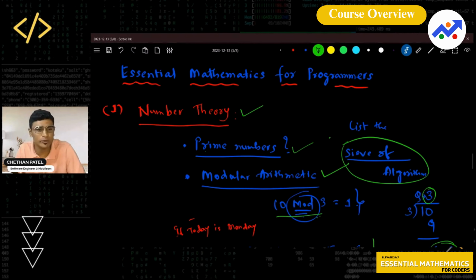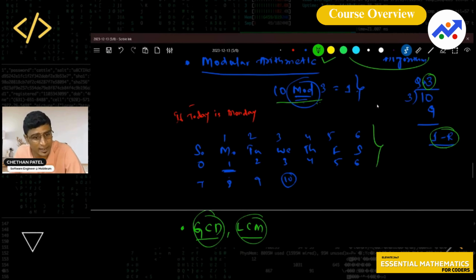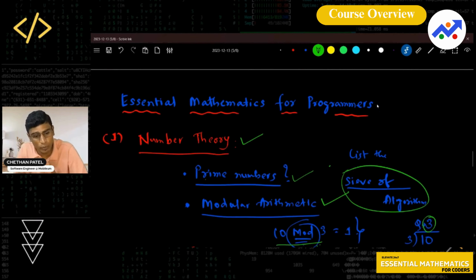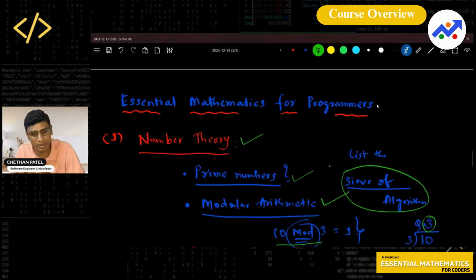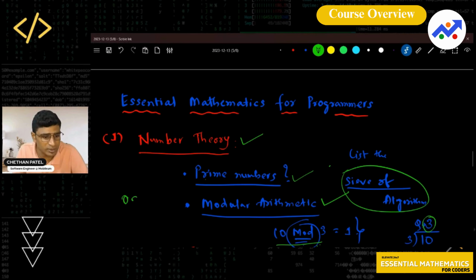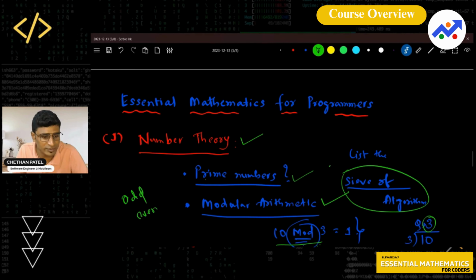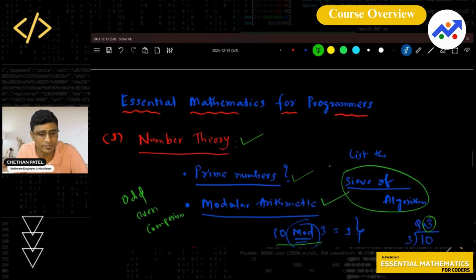All this we'll discuss in that. So let's meet in the next lecture, where we'll be discussing not only prime numbers, but also odd numbers and even numbers and composite numbers, all these we will discuss in the next video.